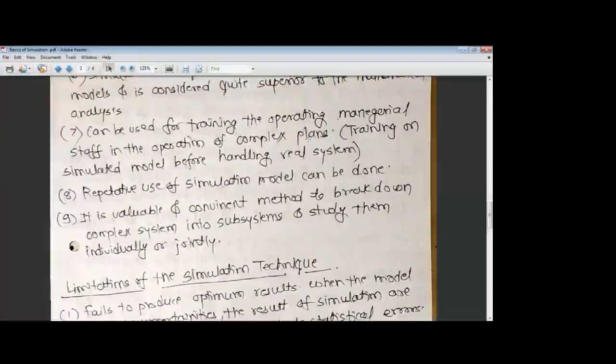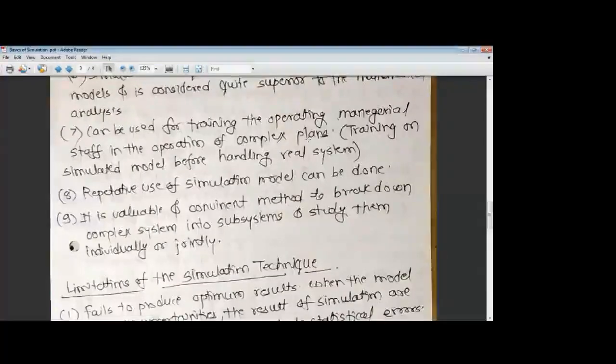So if I have to train a pilot, is it okay to train the pilot on a multi-crore aeroplane that the company has purchased? No. Why would the company take a risk to train the pilot on such a multi-crore purchase?